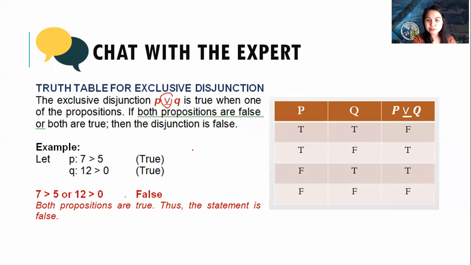So example, reading books only, true. Eating peanuts only, true. Not doing both, false. And if you're doing both and it's an "or", it's false. But again, if it's not specified, it's automatically an inclusive disjunction.